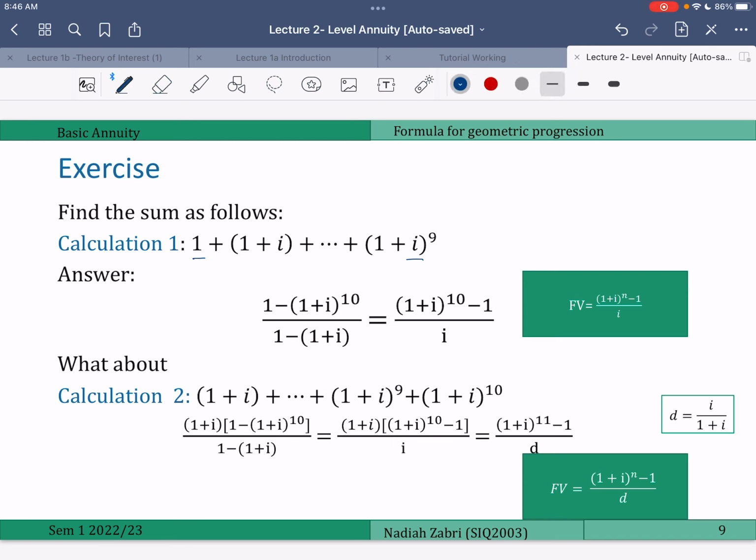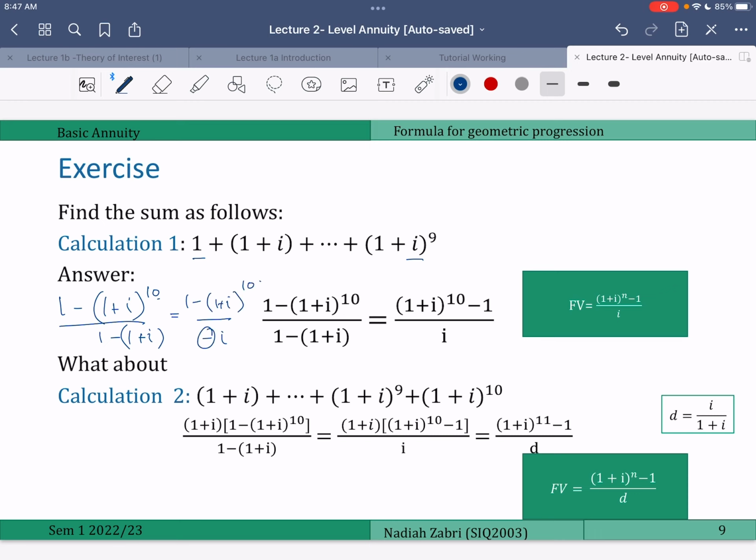And then when you do that, you can rearrange. How do you rearrange to become like this? If you calculate this, at the bottom you will get negative i, and at the top you get 1 minus 1 plus i to the power of 10, right?